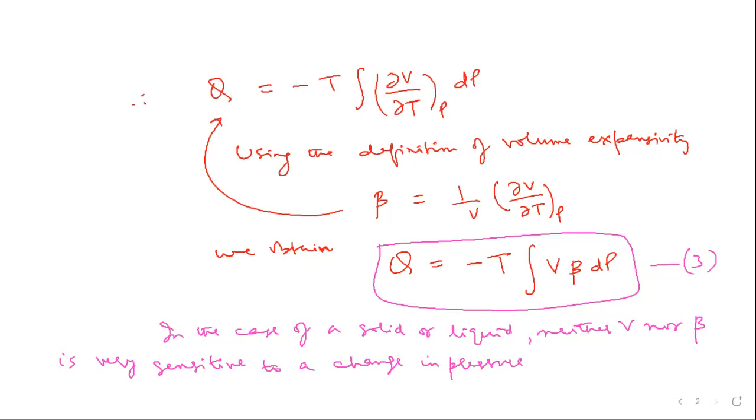Therefore, we can take V and beta out of the integral, assume them as constant.